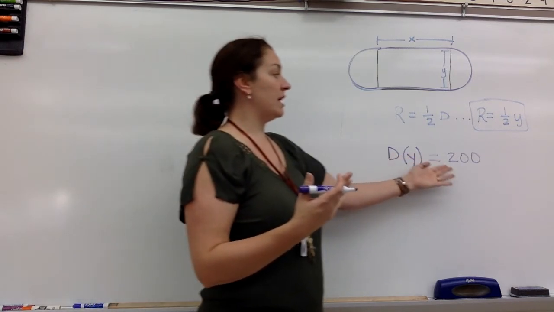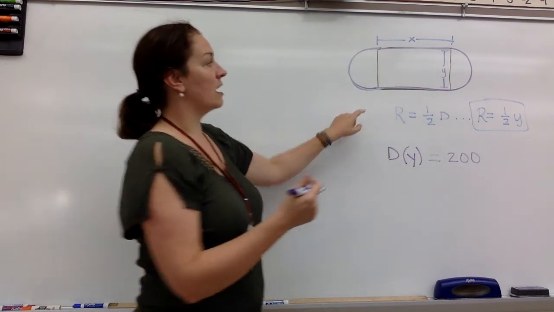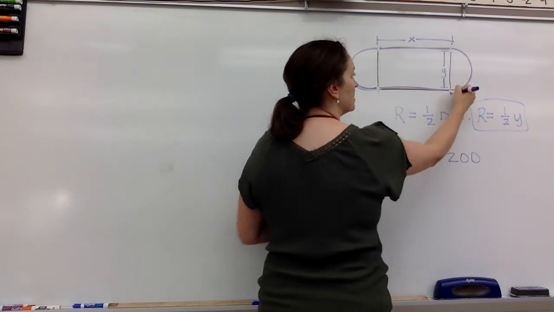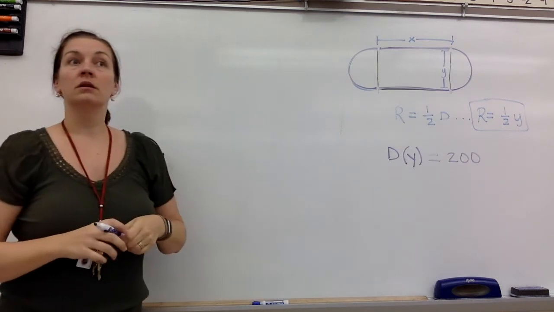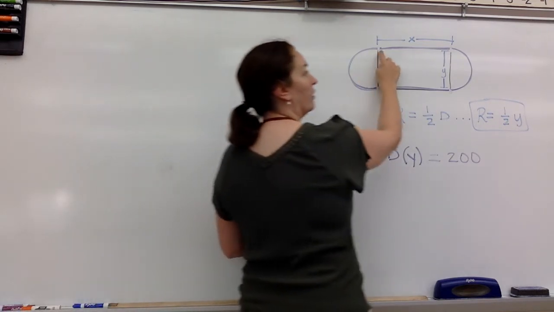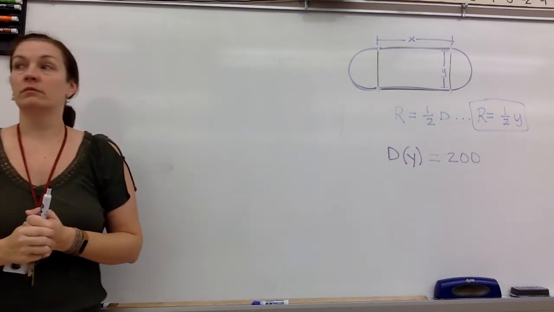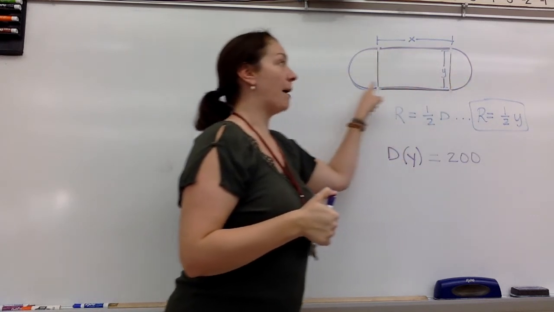So if I start here, if I want to find this distance around, it's comprised of a couple pieces. The first piece and the second piece are these. What are the lengths of those? How long are the pieces that run from end to end here and here? No, 200 is the entire lap.